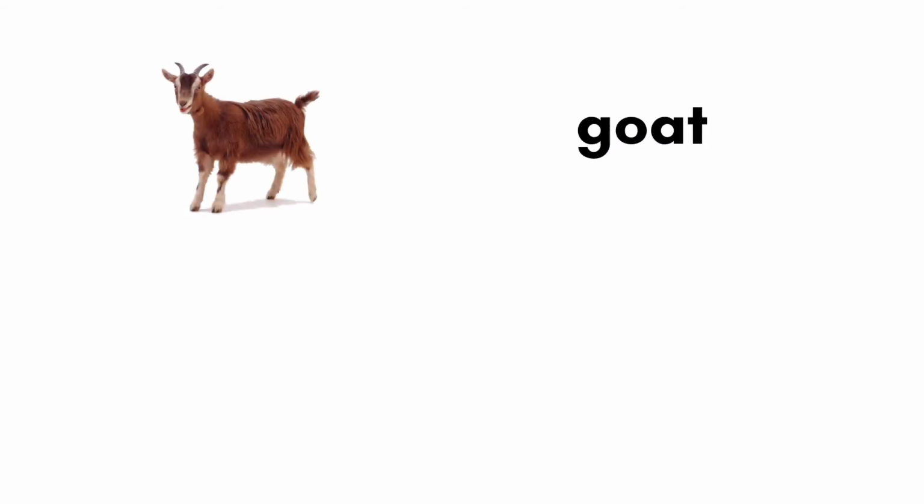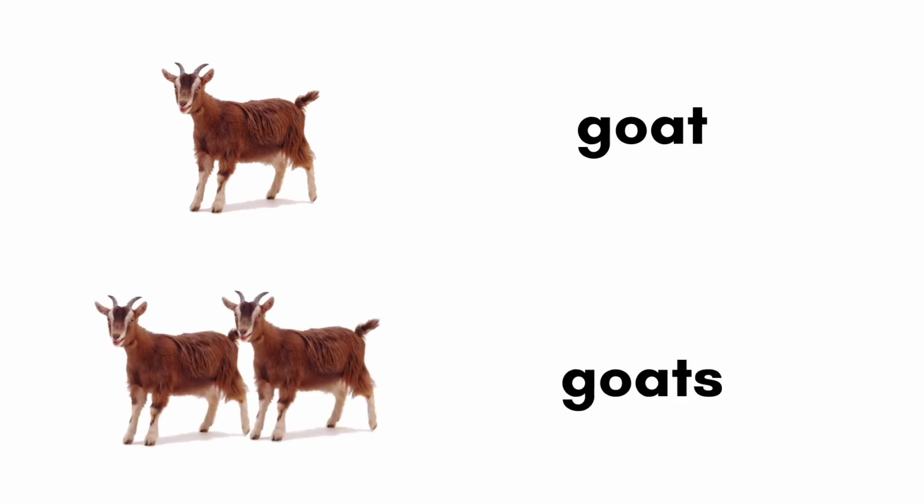What do we call it if we have more than one horse? We call it horses. Very good. Alright, the next. Goat. What do we call it if we have more than one goat? We call it goats. That's right. Next.